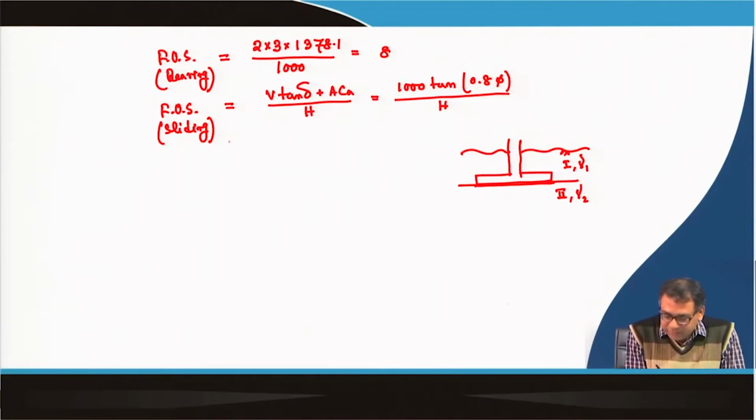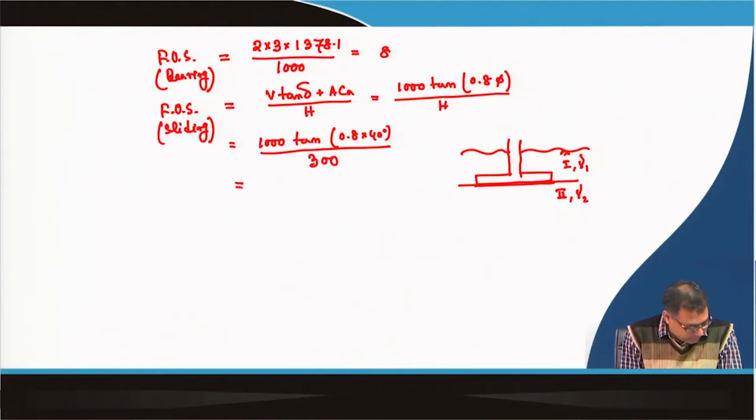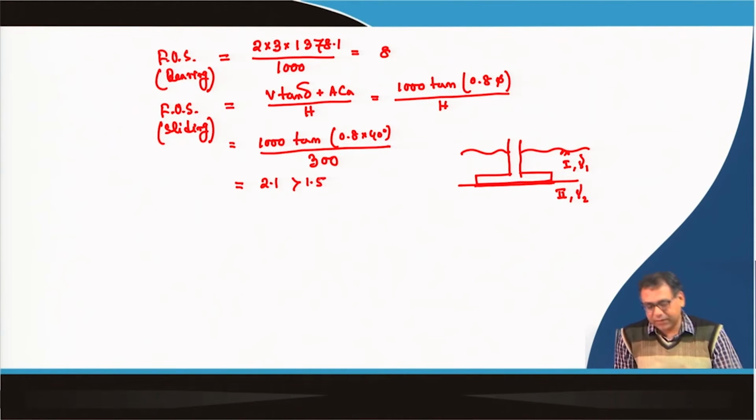So, remember that. So, now here it is 1000 into 10, 0.8 into 40 degree, and the H is 300 kilonewton. So, which is 2.1, greater than 1.5, it is fine.